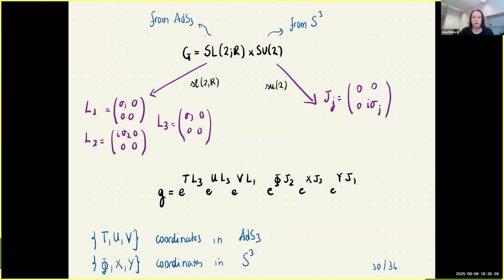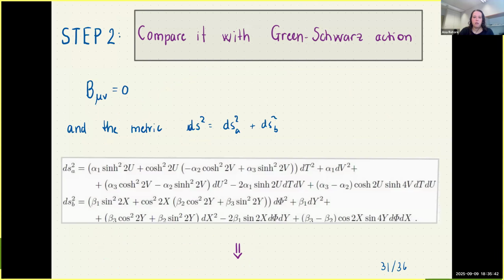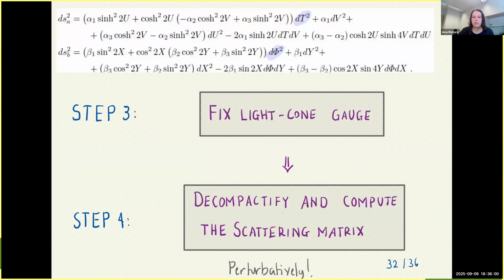And for now, we are only doing bosonic. So if you are a bit familiar with string theory, you can compare with the Green-Schwarz action. You find this B field, but you find this metric. So you have a metric that's very ugly because you have all these parameters. But it's fine, it's a bit unconventional if you're used to the topic, the way we wrote it.